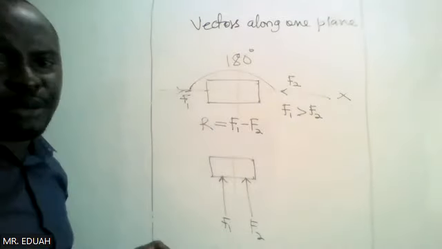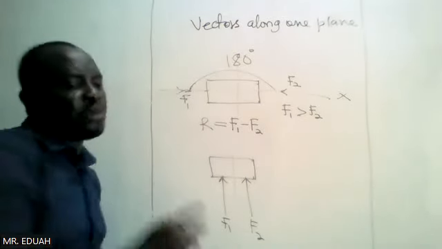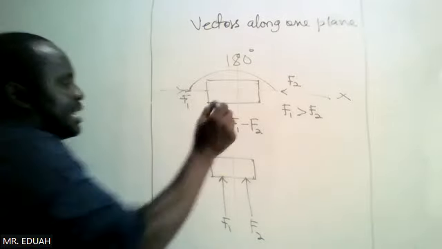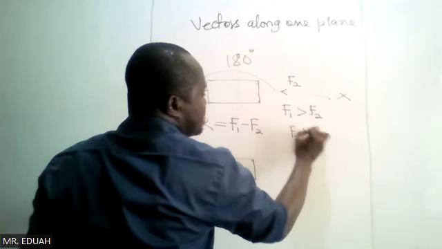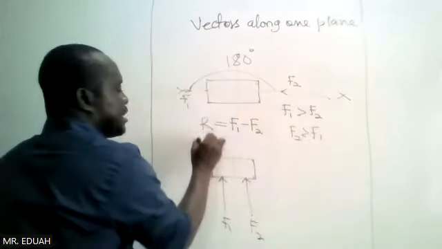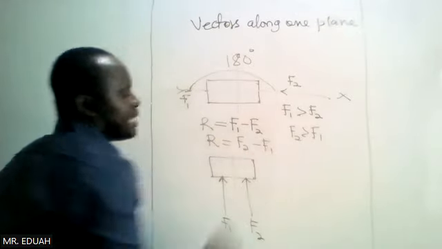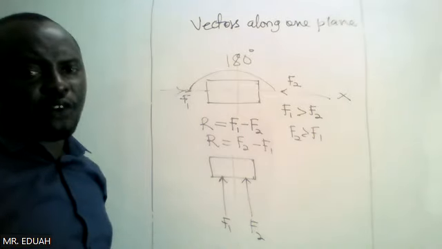This is similar to what Yaba is saying: you negate one, but you subtract the smaller force from the larger force. And if F2 is greater than F1, then the resultant will be F2 minus F1. So it depends on the magnitude of the forces.